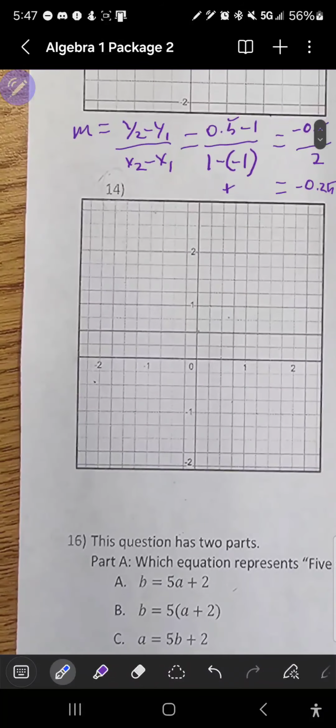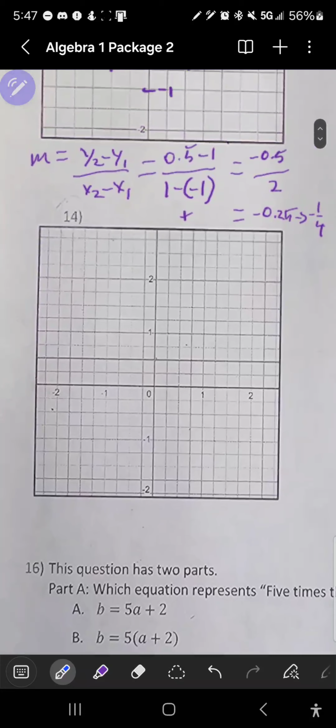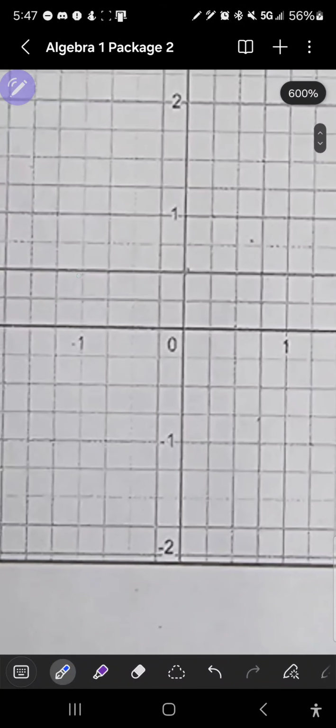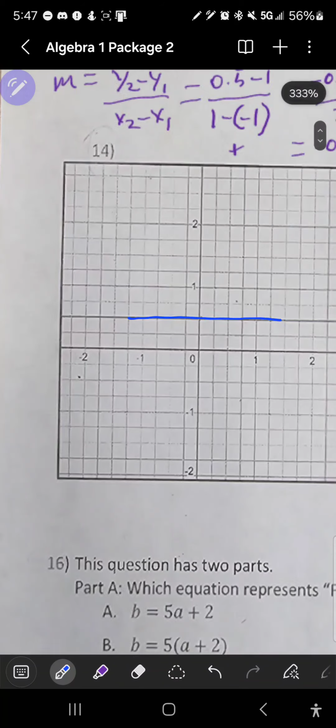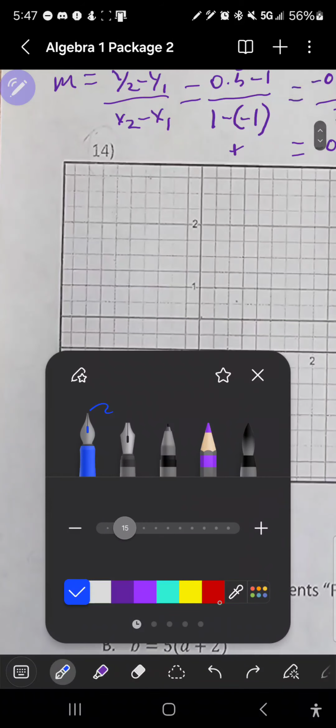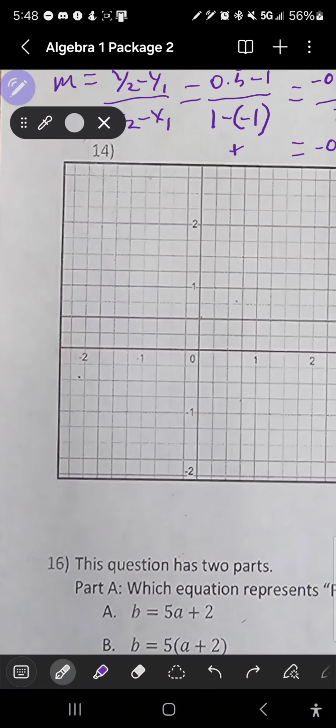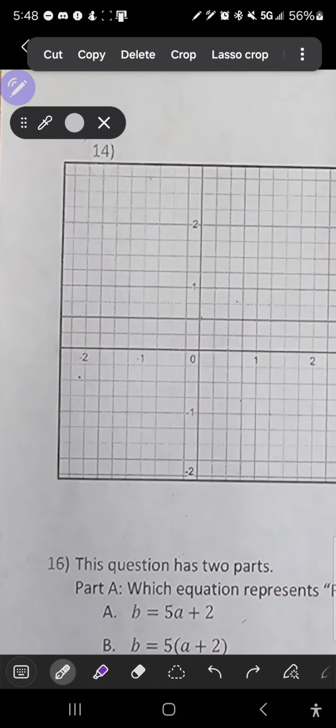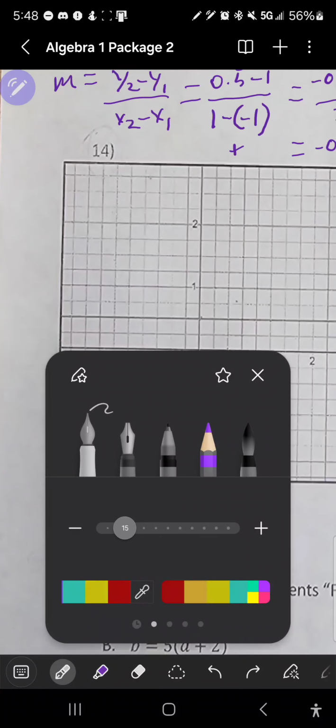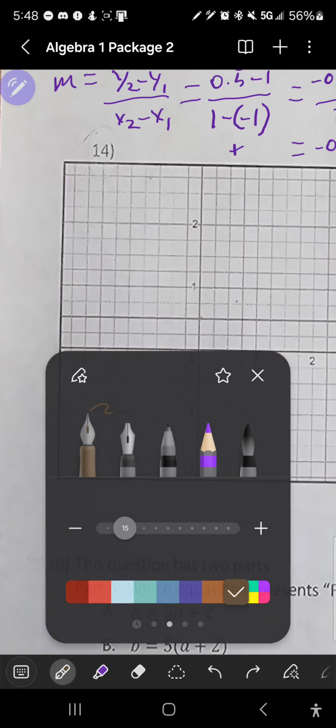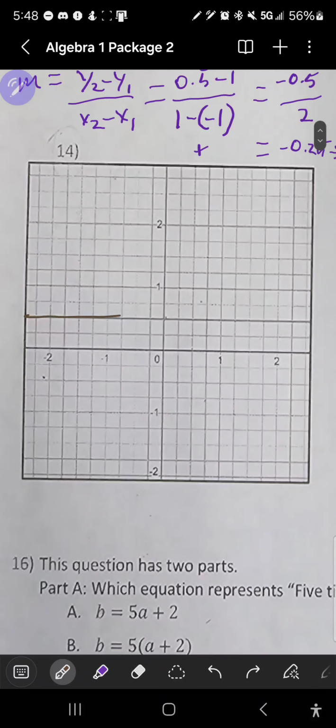Well, let's keep going and let's go a little bit faster. For this one, this is a flat line right here, as you can see. Yeah, I know this is difficult to see, but it's right here.